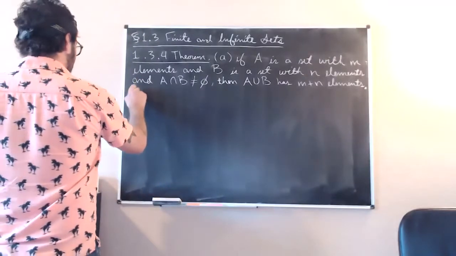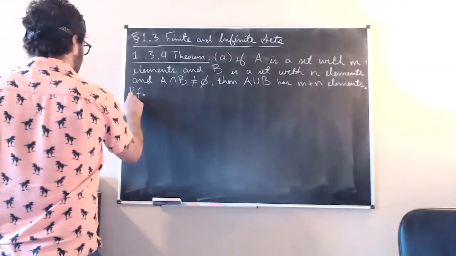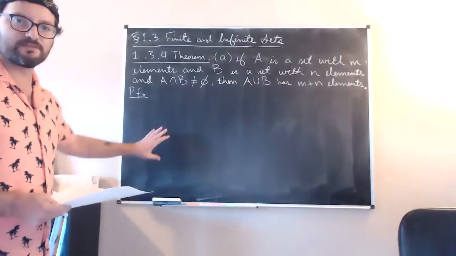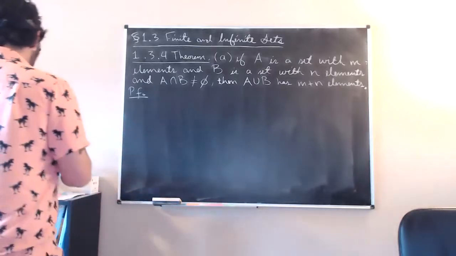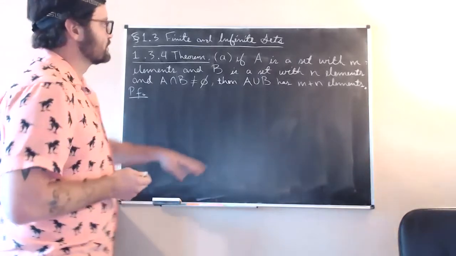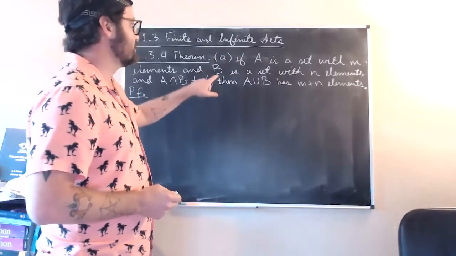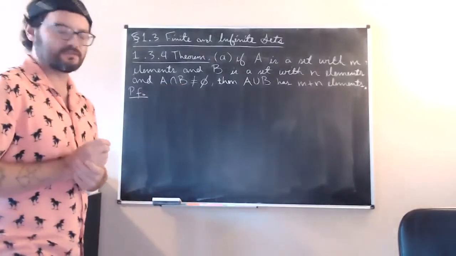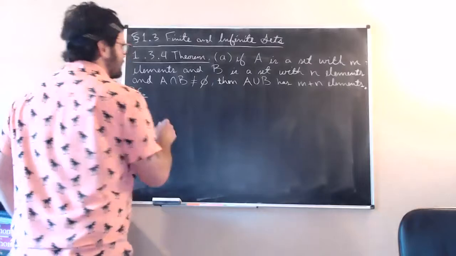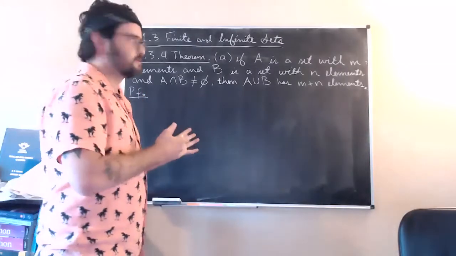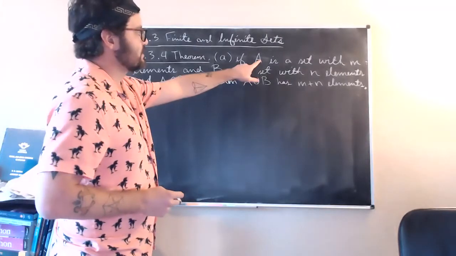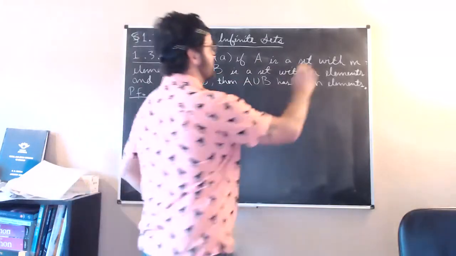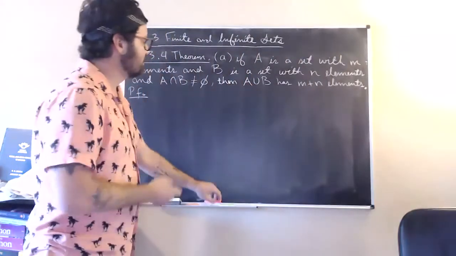So let's look at the proof, or a sketch of the proof, because honestly, I don't know if I'm going to have enough room, but we'll see. So we're assuming that A has M elements and B has N elements, and their intersection is empty. So by using the previous definition that I just wrote down, we know there's a bijection from the set A to, or from, so before I move forward, well, I'll just write it out.